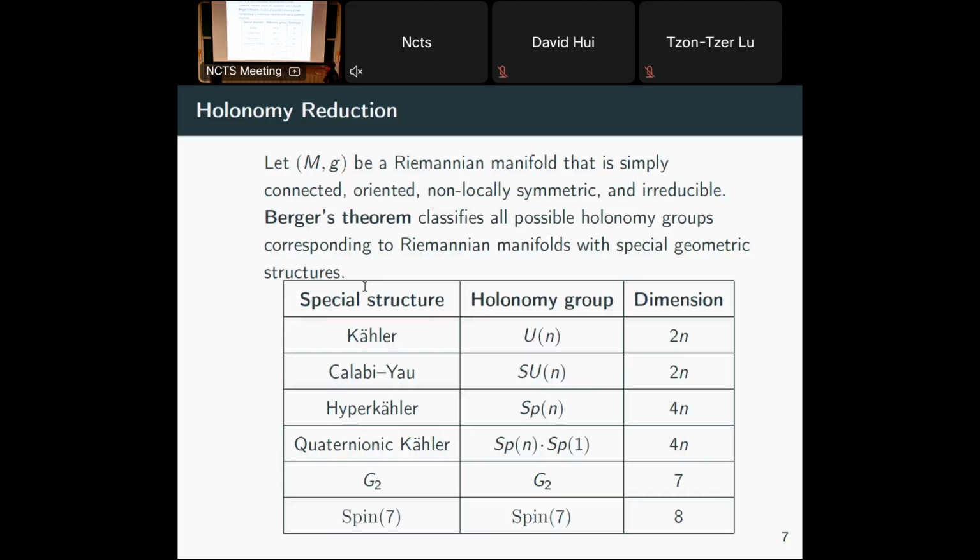And G2 and Spin(7) are related to the octonionic algebra. In fact, real, complex, quaternions and octonions are the only normed division algebras over R. So that is the complete list.